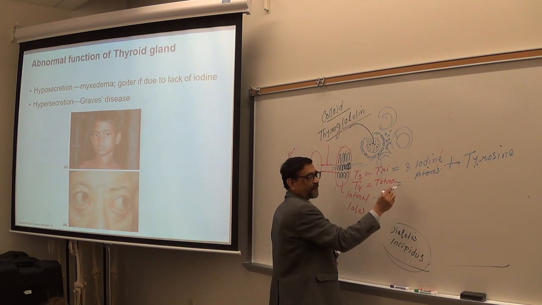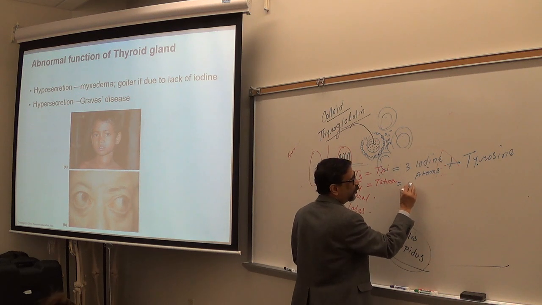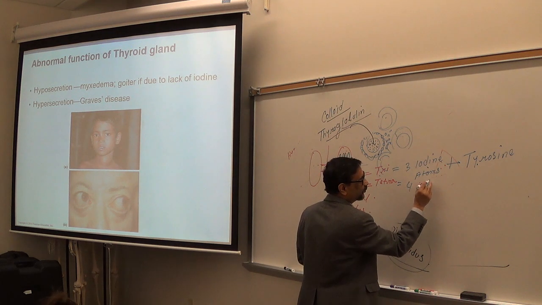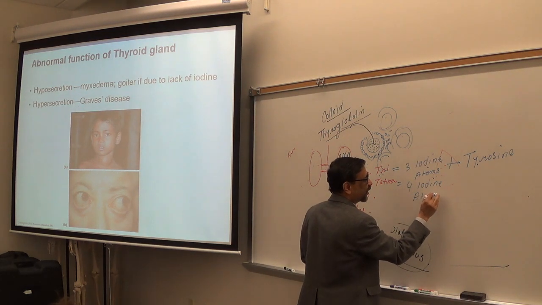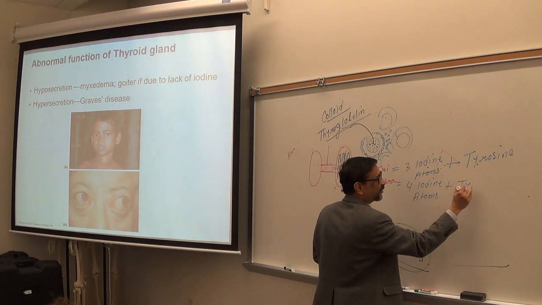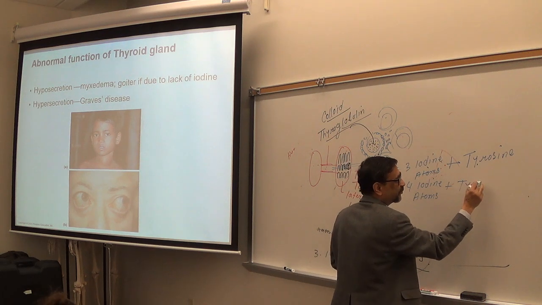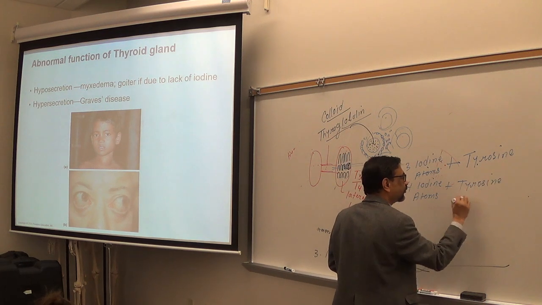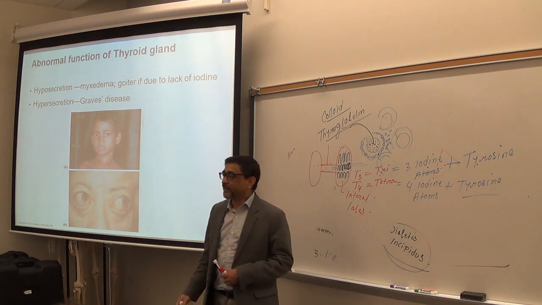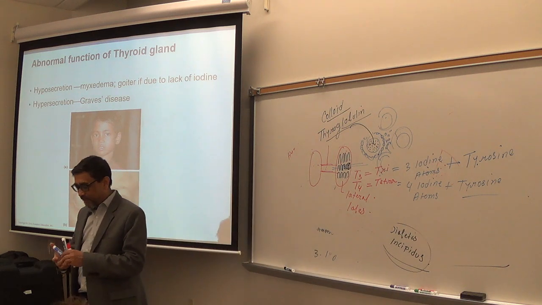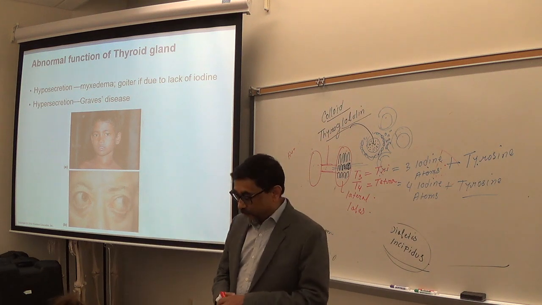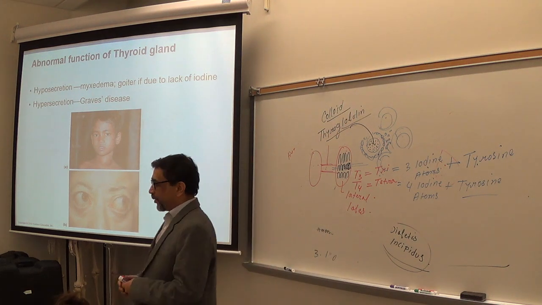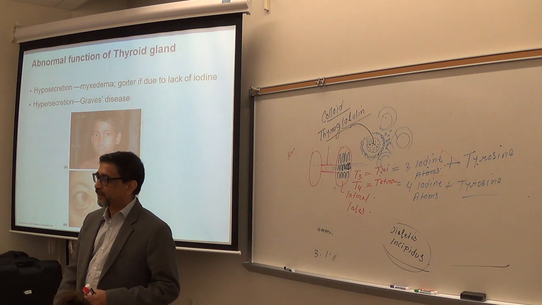T4 molecule is formed by 4 iodine atoms and tyrosine, same amino acid. Okay, so that's how T3 and T4 are produced. Tyrosine is a very important amino acid for T3 and T4.